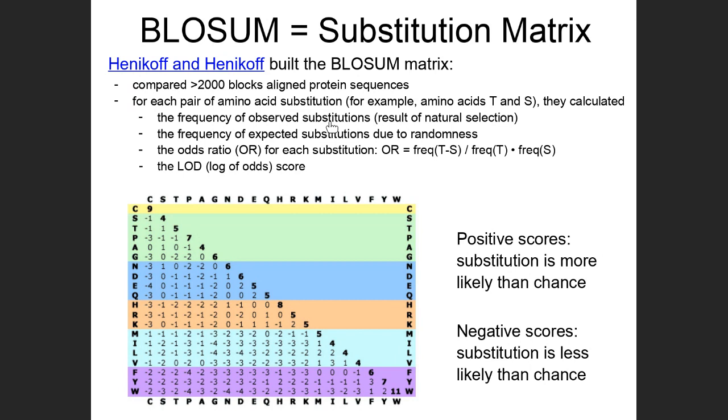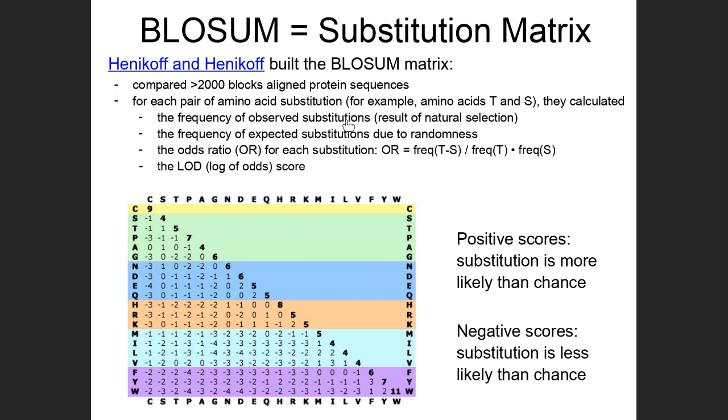You prefer something else. So anyway, they looked at what if there is no force playing a role to prefer one amino acid over the other? That's the randomness one. But then in reality, it's not that random, right? Some substitutions work better than others.